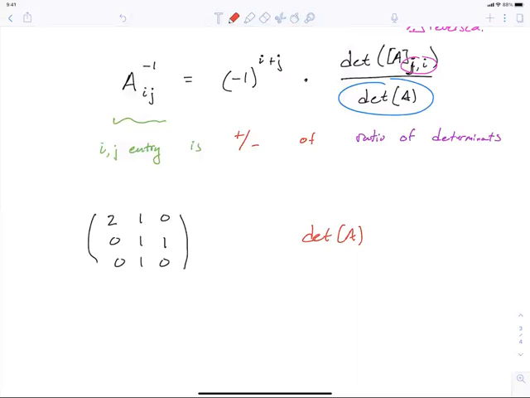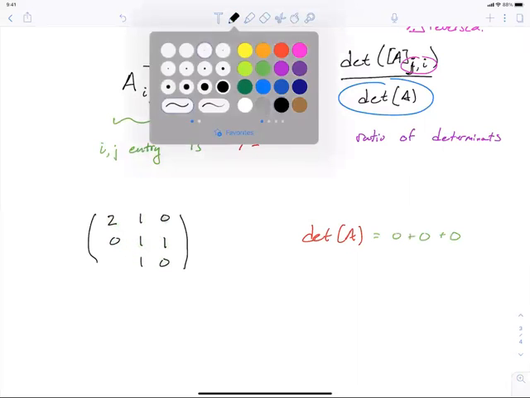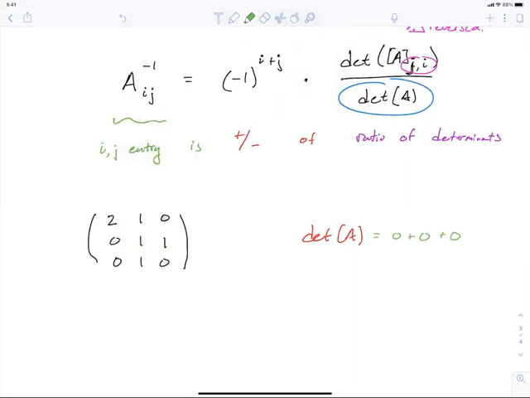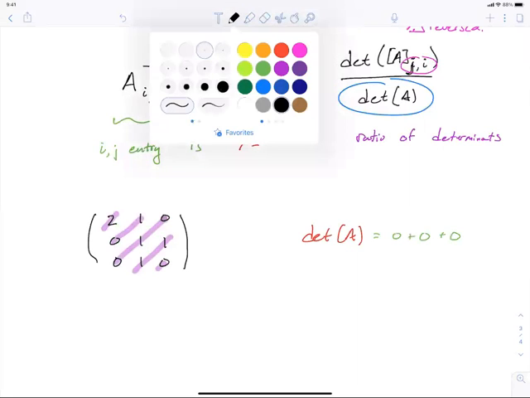So the determinant of A in this case is going to be, well, we have 3 positive terms. Turns out those are all 0. So those three diagonals give us that there's 0. And then the 3 negative terms, one of them is actually going to end up being not 0. So the negative terms, that one's 0, that one's also 0, but this last one turns out to be 2, so negative 2.